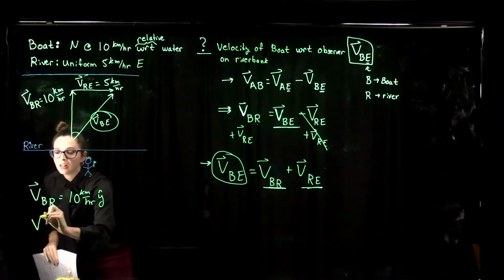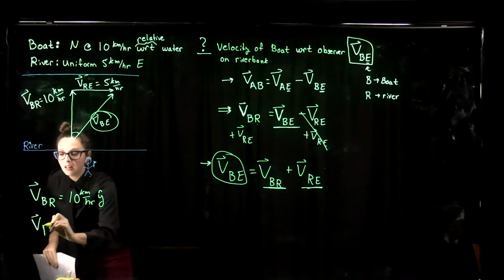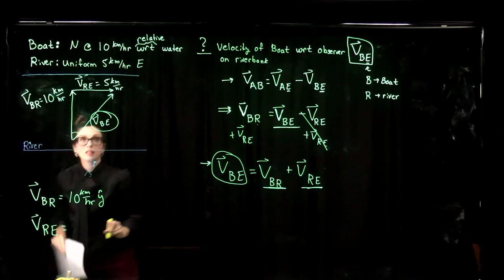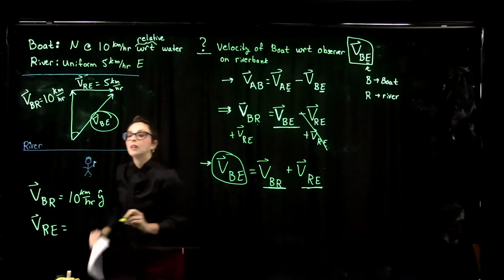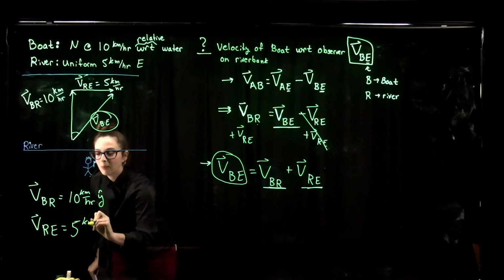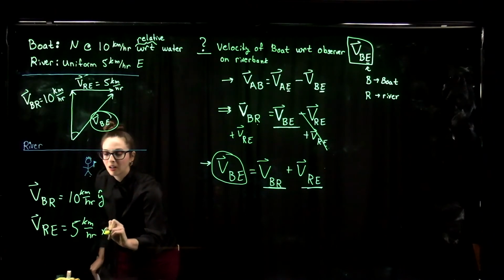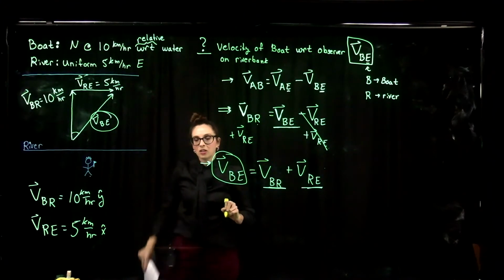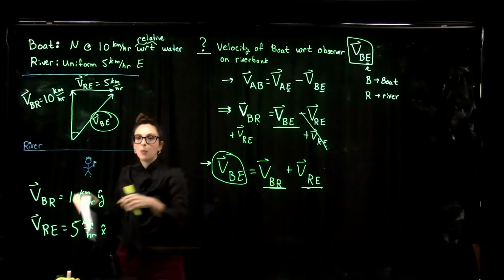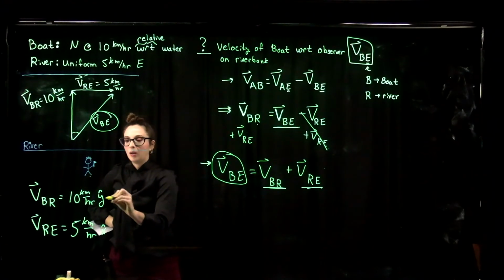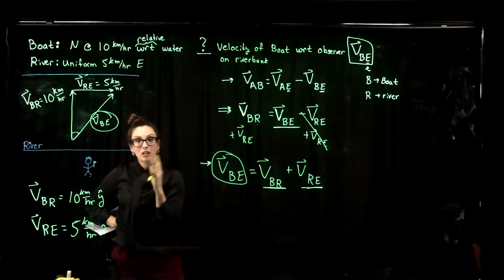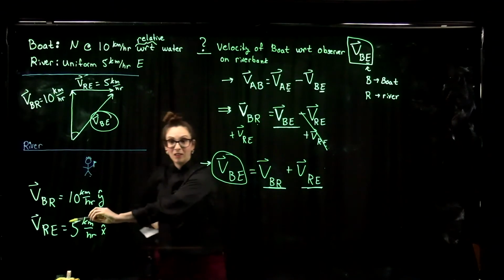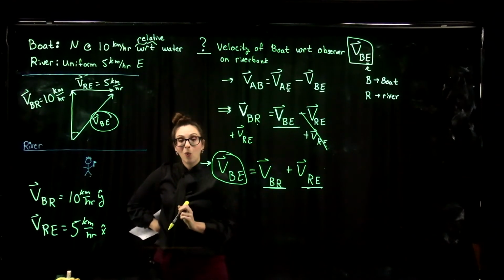And then vector RE only has a component in the x direction, and that's going to be 5 kilometers per hour x hat. And because it's to the east, that's along the x direction. Okay, and so we have to add these vectors. Essentially, vector BR has no x component. Vector RE has no y component.